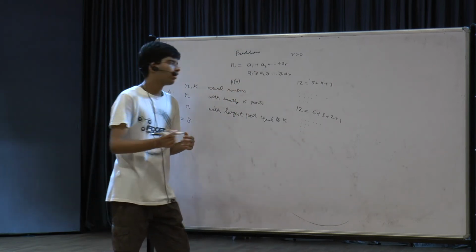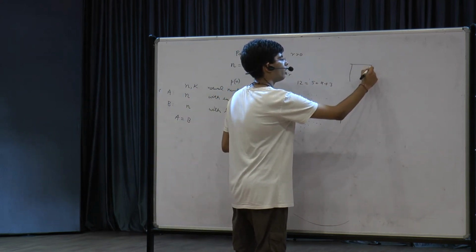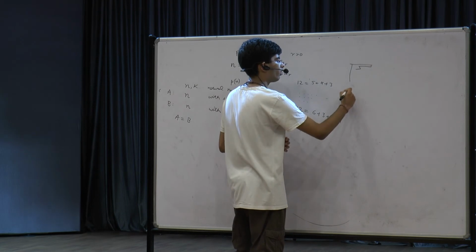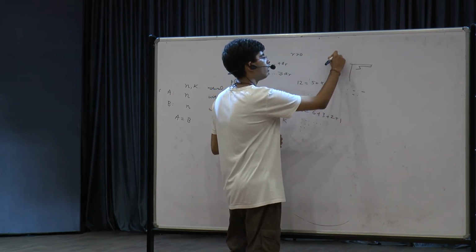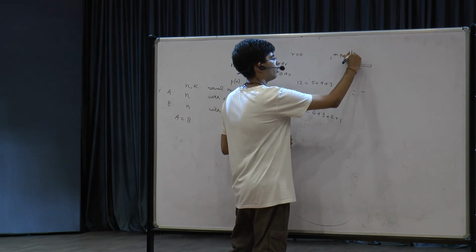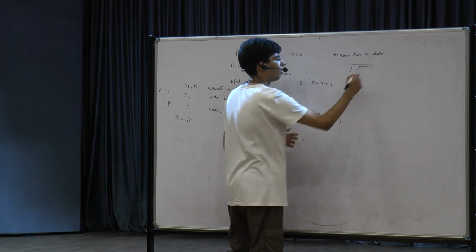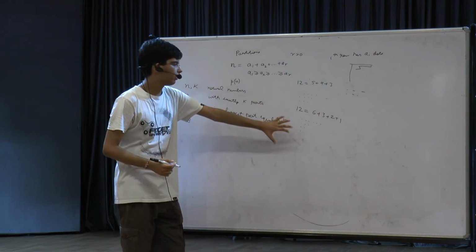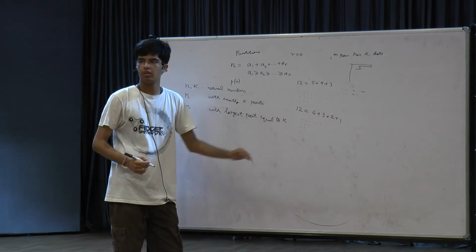So we can look at it as some dot graphs where the ith row has ai dots. So we can look at it as this triangular kind of object with the ith row having ai dots.